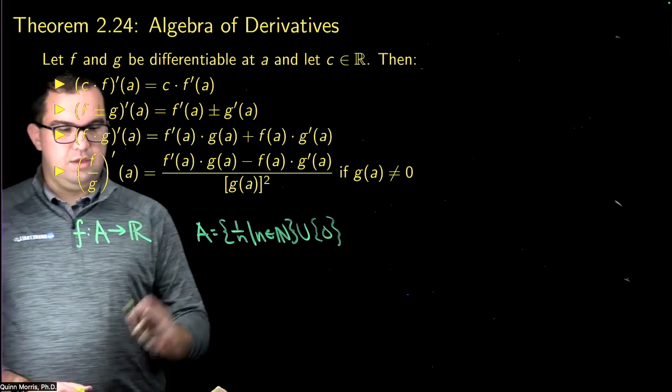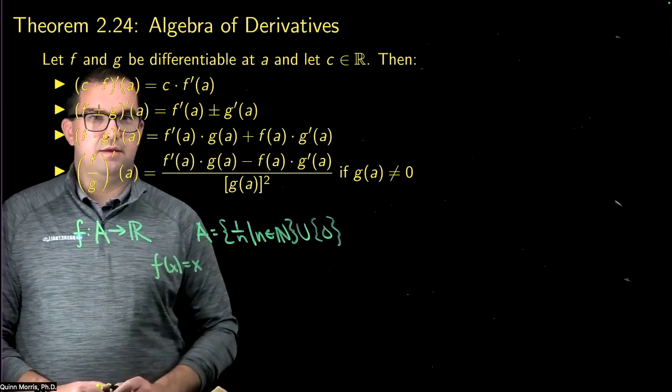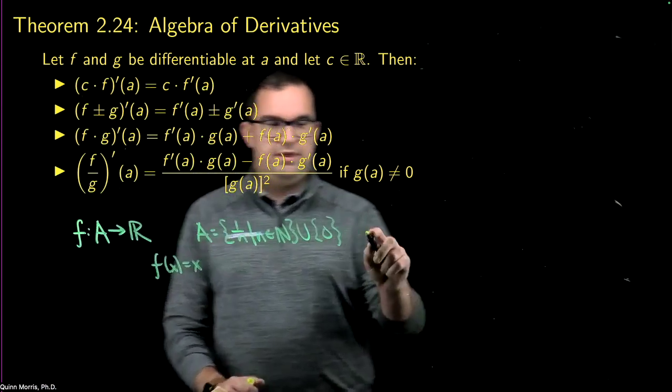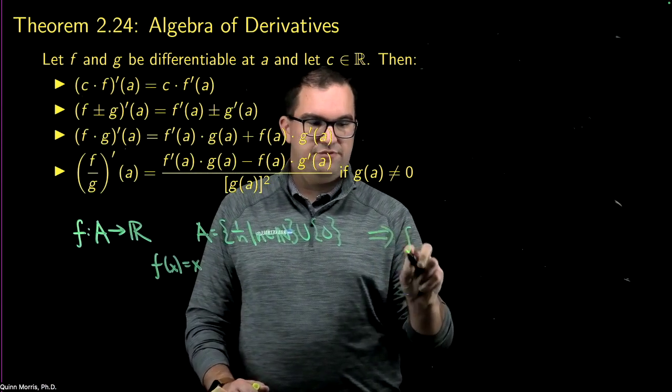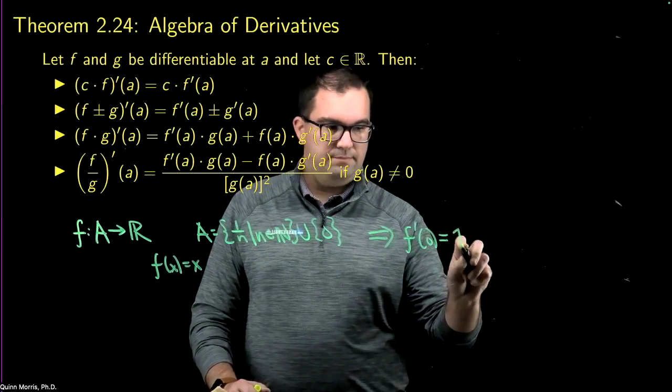Okay. And I'm going to define this function by f of x is equal to x. Now, if I do this, then f is differentiable at 0, and f prime of 0 will be 1.